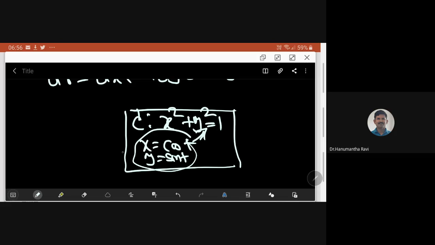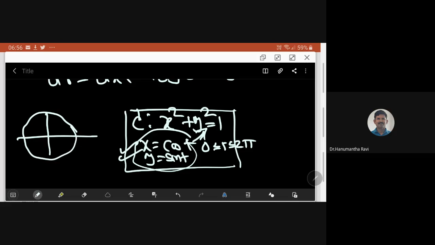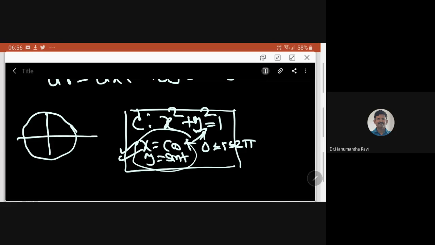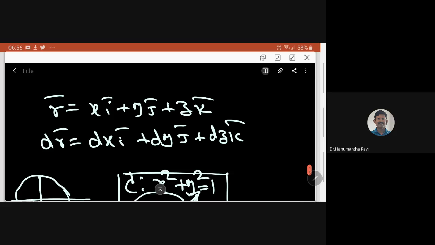This is called parametric representation, where t varies from 0 to 2 pi. So you can move along the curve by varying t from 0 to 2 pi in the anti-clockwise direction. That is what we mean by parametric representation. The parameter could be length or some other thing.